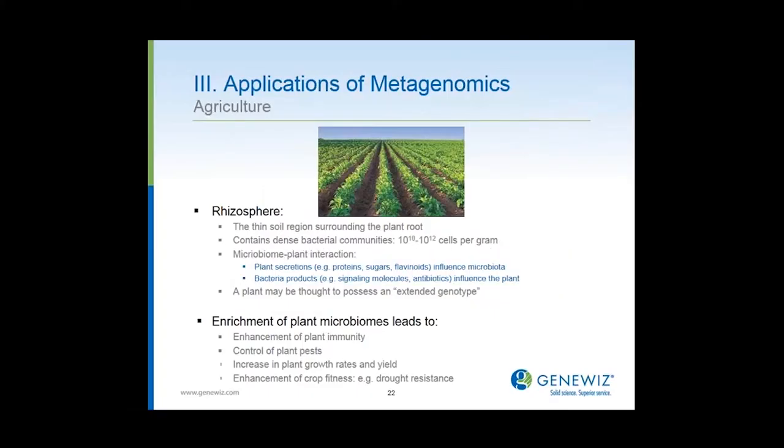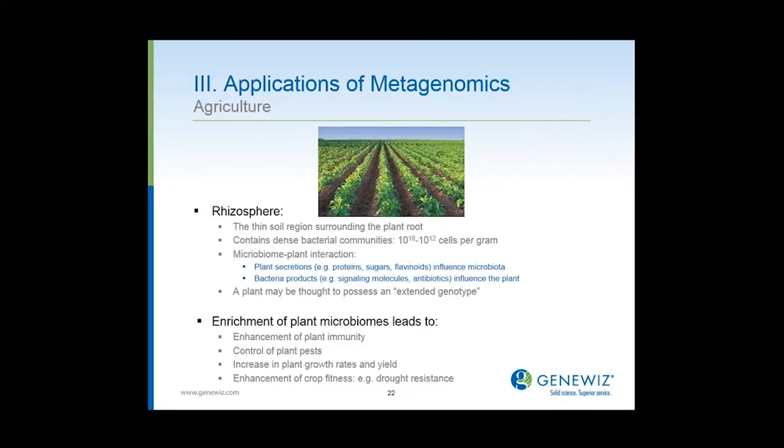Another big application of metagenomics is for agriculture. One example is the rhizosphere, which is the thin soil region surrounding the root of a plant. It's extremely dense in terms of bacteria. And the microbiome and plant interact very much together.